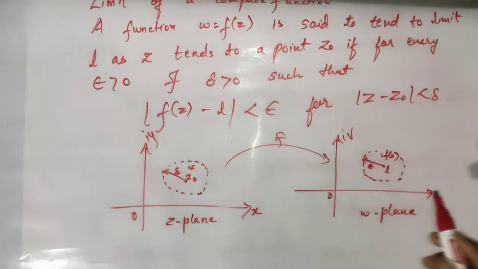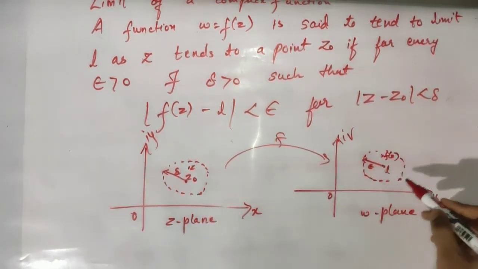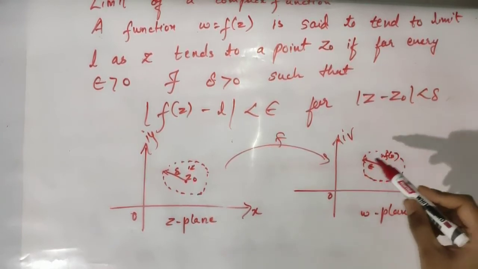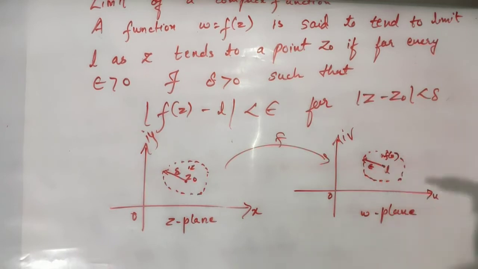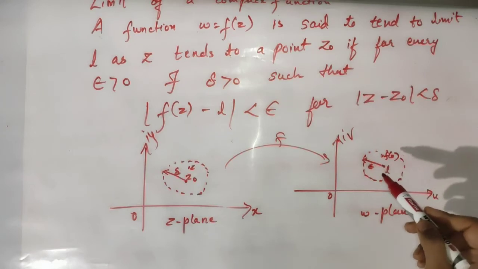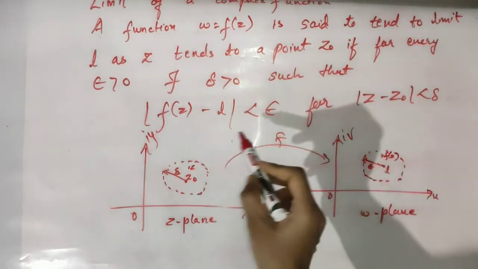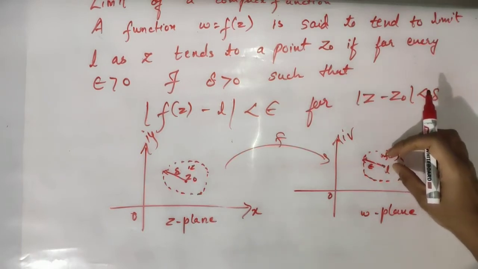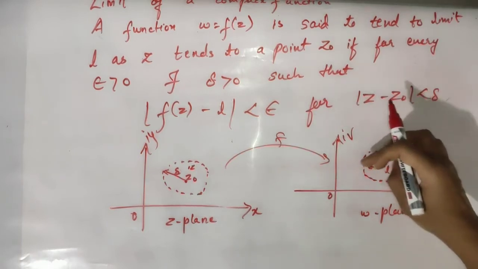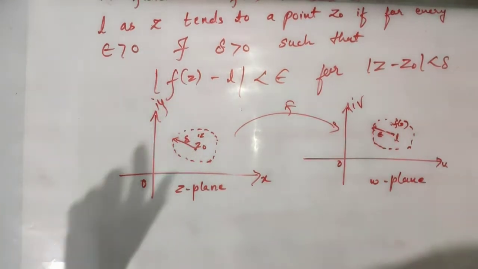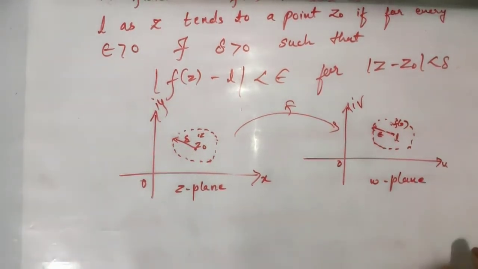If this f of z sits inside the circle of radius epsilon, because the absolute value of the difference is less than epsilon, it means it is sitting inside the circle. I hope it is clear to all of you. Graphically we can represent the limit of any function something like this.